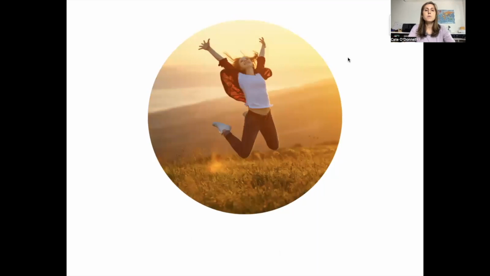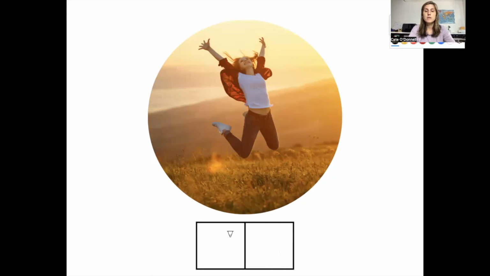All right, our next word is joy. Joy. She's so happy. She's jumping with joy. How many sounds do you hear in the word joy? There are 3 sounds in the word joy. What's the first sound you hear? J, J. What letter makes the J sound? The letter J. What's the next sound you hear in joy?